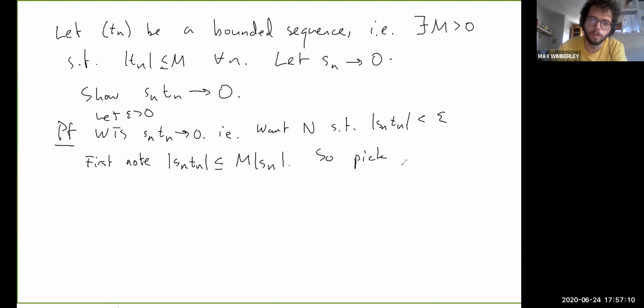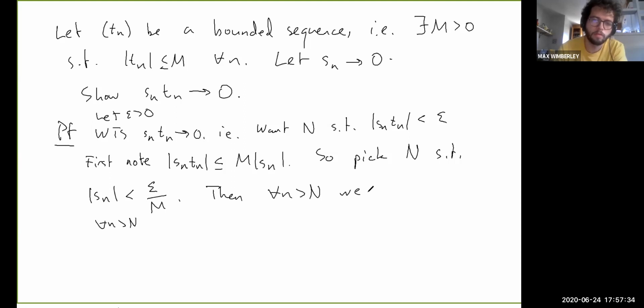So pick capital N such that the absolute value of Sn is less than epsilon over m for all n greater than capital N. Then for n greater than capital N, we have the absolute value of SnTn is less than or equal to m times the absolute value of Sn, which is less than m times epsilon over m, which is epsilon.